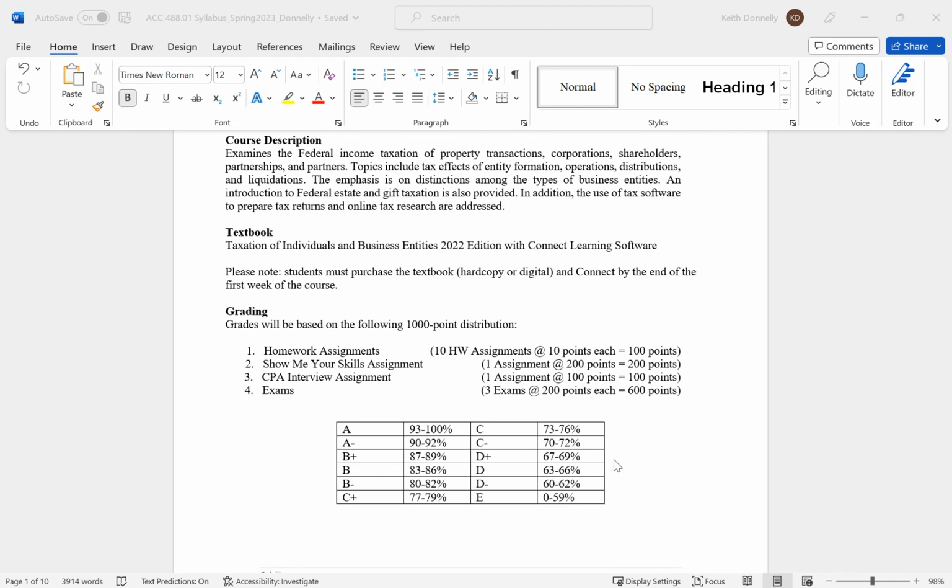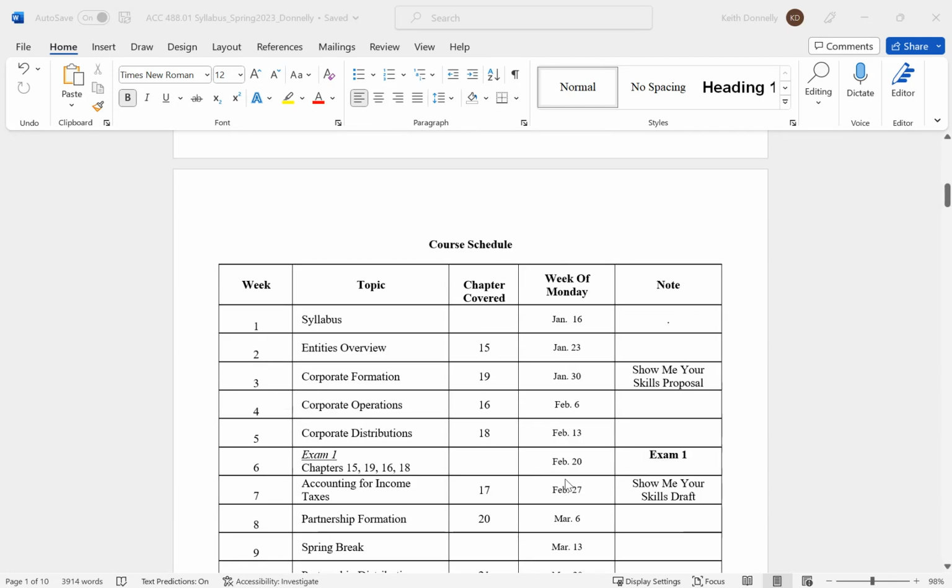The breakout of that is basically going to be homework, a skills assignment that's meant to force you to think about something creative to do regarding business taxation, a CPA interview assignment, and then the exams. So you can see the grade scale here. Again, to figure out your final grade in this class, just take your total points divided by 1,000.